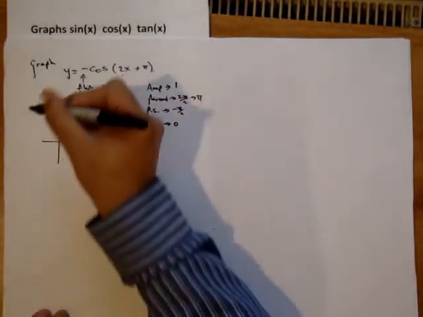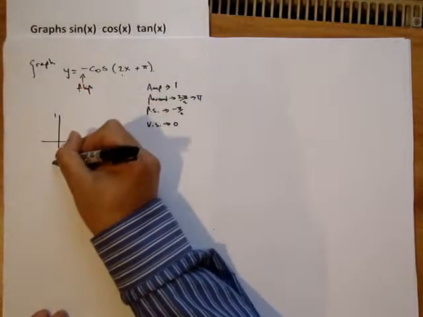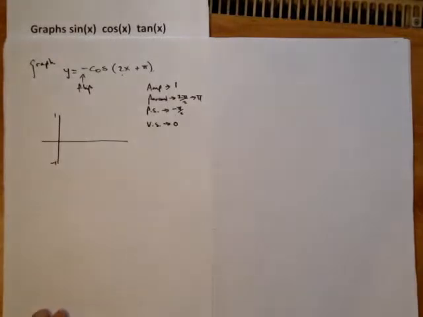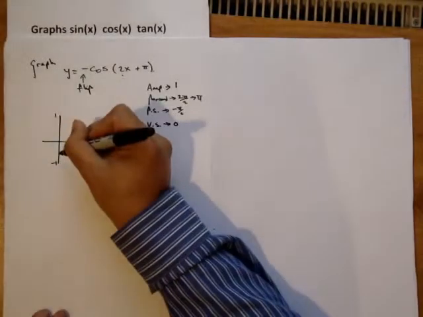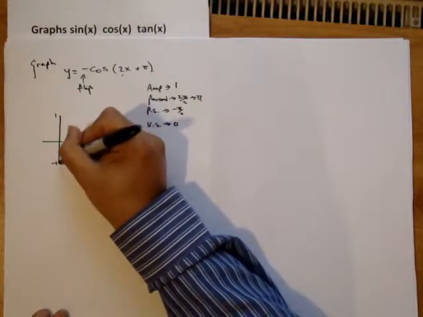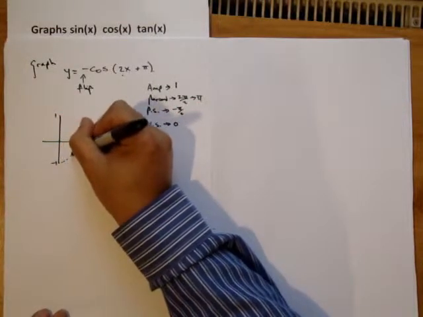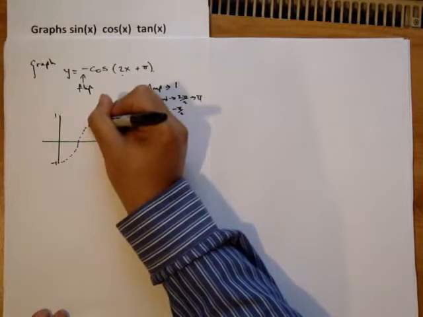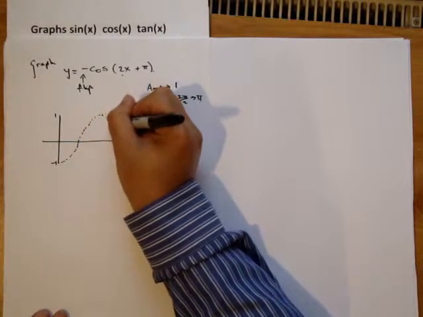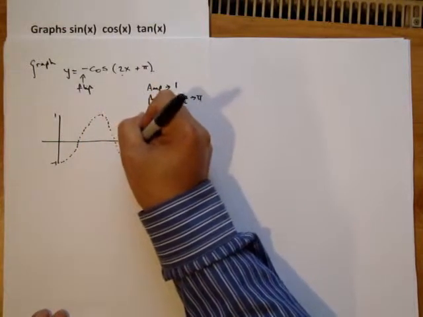First of all, our amplitude is 1, minus 1. When we draw a flipped cosine, it looks something like this, goes up to 0 and down and stops there.